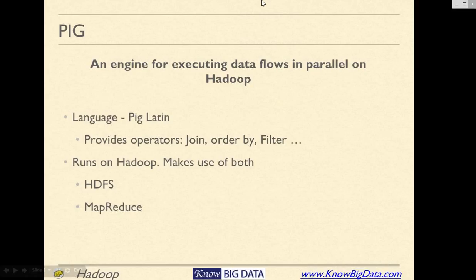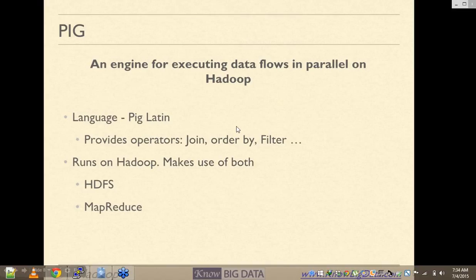A lot of boilerplate code is needed. We need to write the mapper class, the reducer class, and we need a lot of other things. The code is not very straightforward. It is not very straightforward to implement complex algorithms in terms of Java MapReduce, right? So another engine was introduced, right?